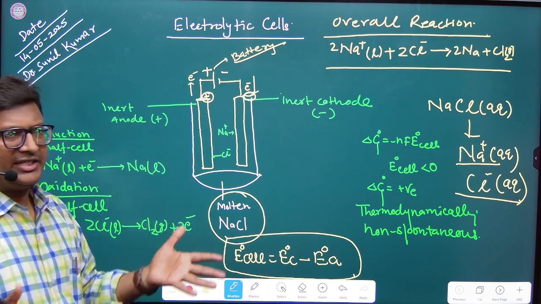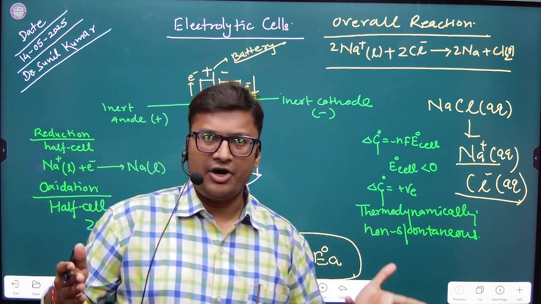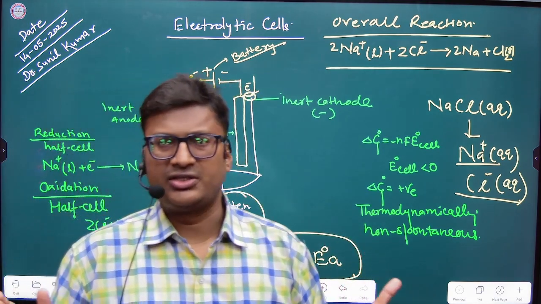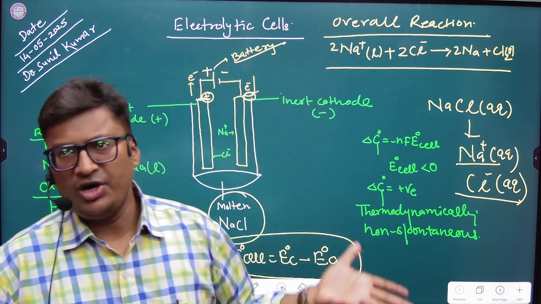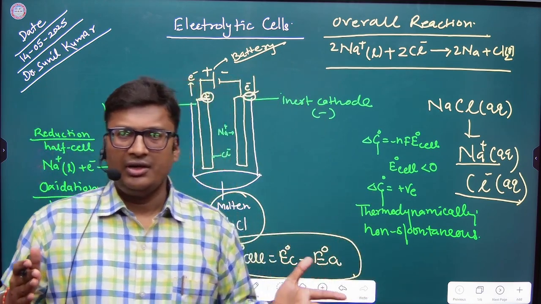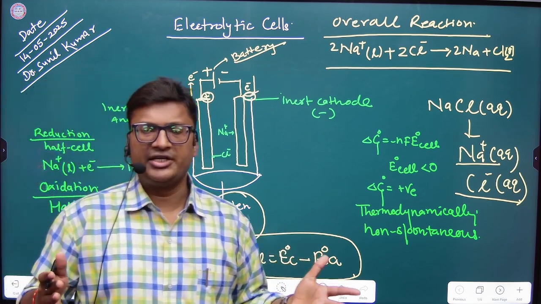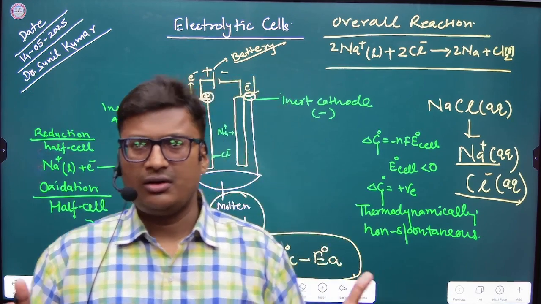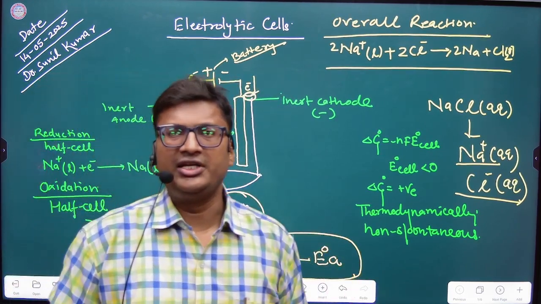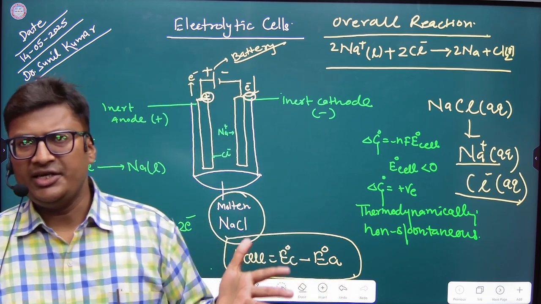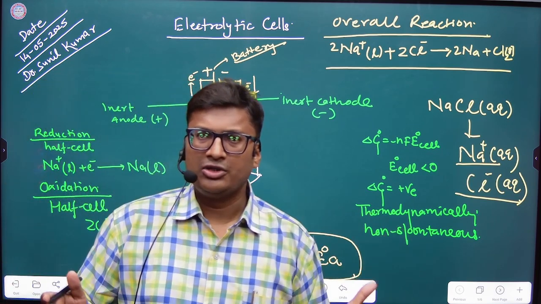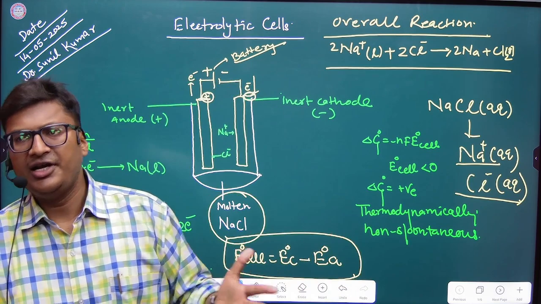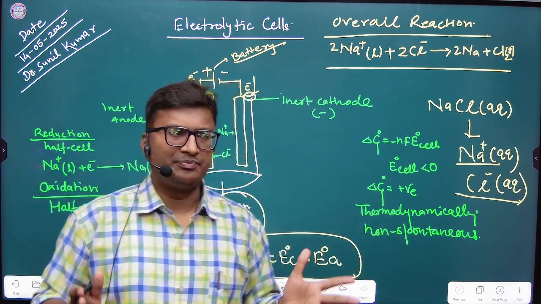So in the Daniell cell, a spontaneous redox process occurs, right? But in an electrolytic cell, a non-spontaneous reaction takes place. It means the reaction does not take place spontaneously, rather it is carried out through the use of external electricity or a battery, right?